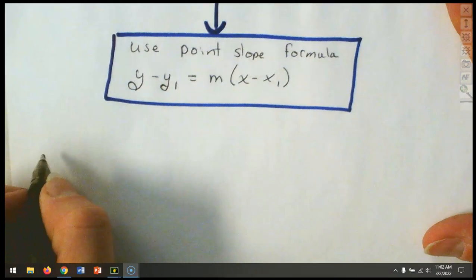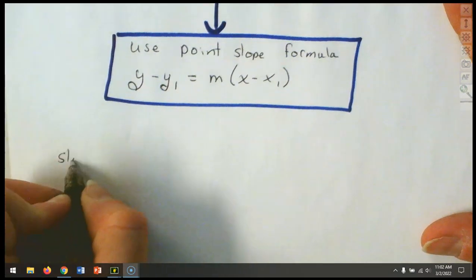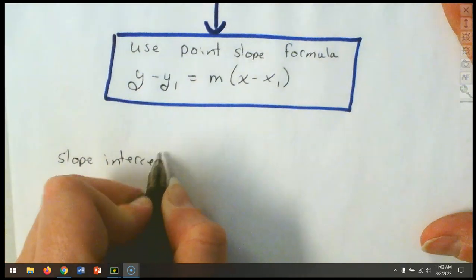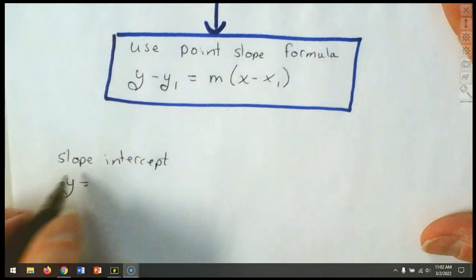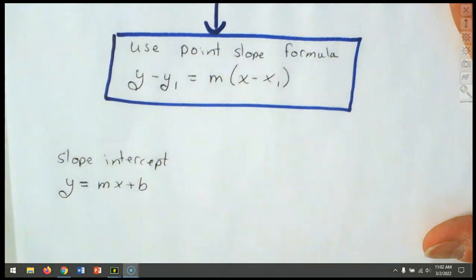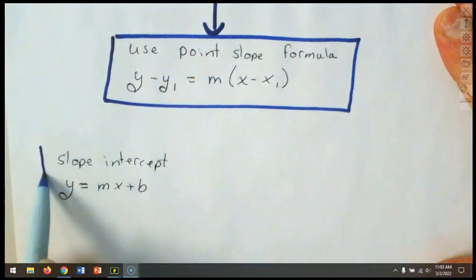So let's write out what slope-intercept form looks like. Slope-intercept is y equals mx plus b. So there's one way that you could write your answer.